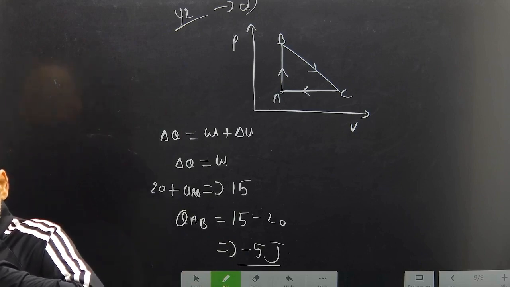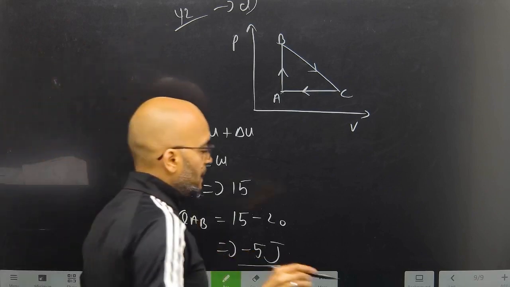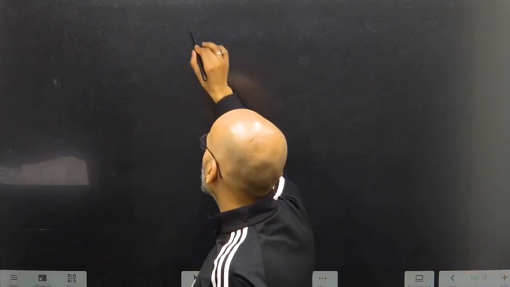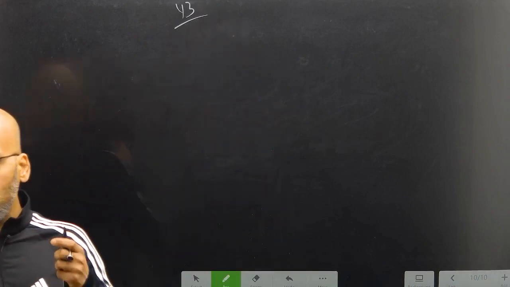Okay. Now again a diagram is shown. You can look at it in your paper; I won't draw it again and again. A PV curve is shown to us, and three paths traversed by a gas on this PV curve are demonstrated: U1, U2 and U3.